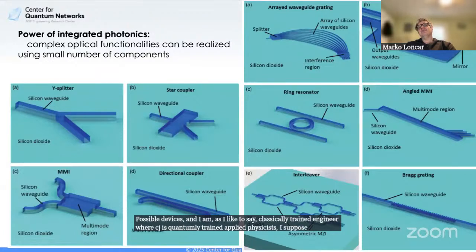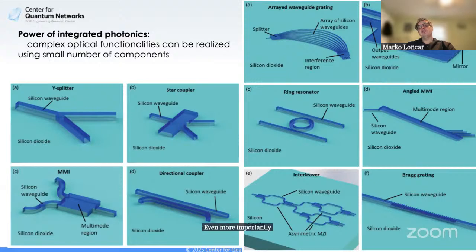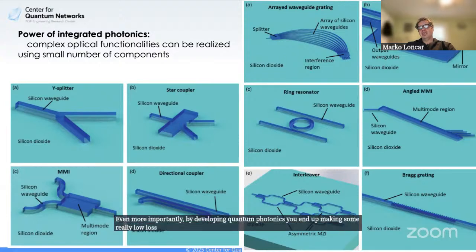But even more importantly, by developing quantum photonics, you end up making some really low loss, super high efficiency devices that can then have a very positive impact on classical communication as well, which is why I'm personally super excited.